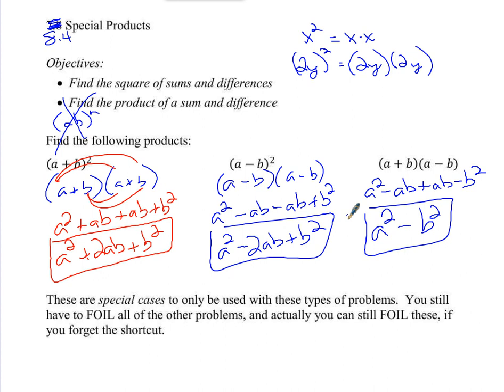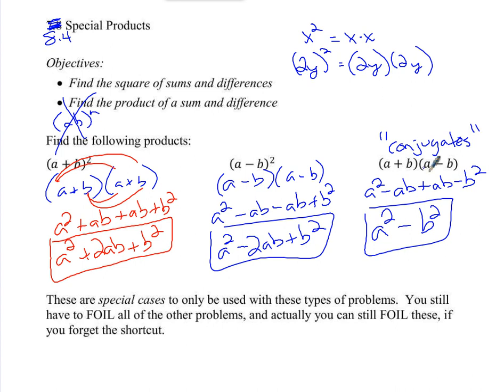These guys right here, these two, the only difference between them is the sign in the middle is switched. There's a vocab word here that you don't need to know, but these are called conjugates. In Algebra 2, we work with conjugates all the time. So this is the first time you've seen a conjugate.